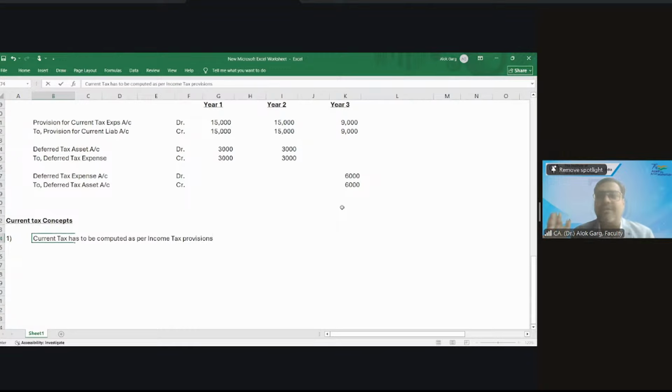Don't apply your income tax mind that we have read that provision for gratuity is disallowed. No, you have to go by the question, because it's a financial reporting paper, not an income tax paper. While it may not be there in this way, I am telling you, if the question says this, please apply this. Is that clear? So current tax has to be computed as per income tax provisions.